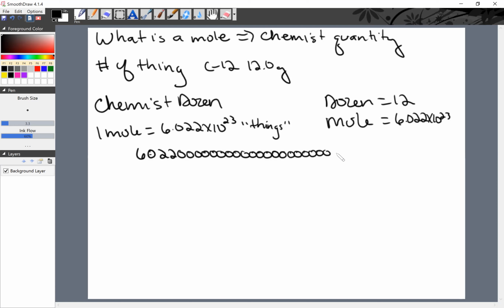And now we can apply this to any chemical compound. The way that we're going to do our reference is on the periodic table. The atomic mass is written underneath the symbol.